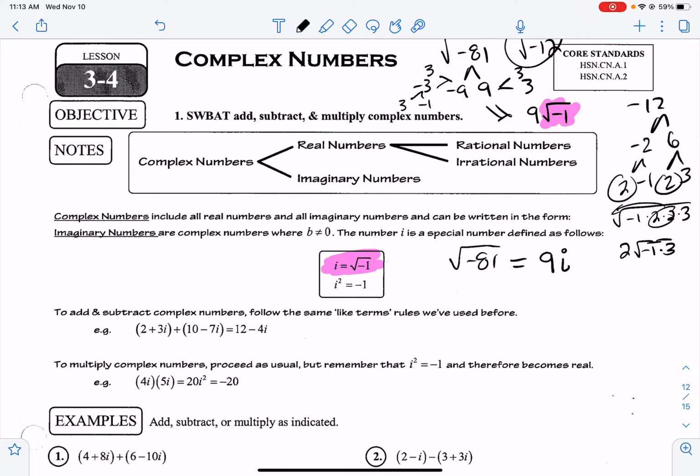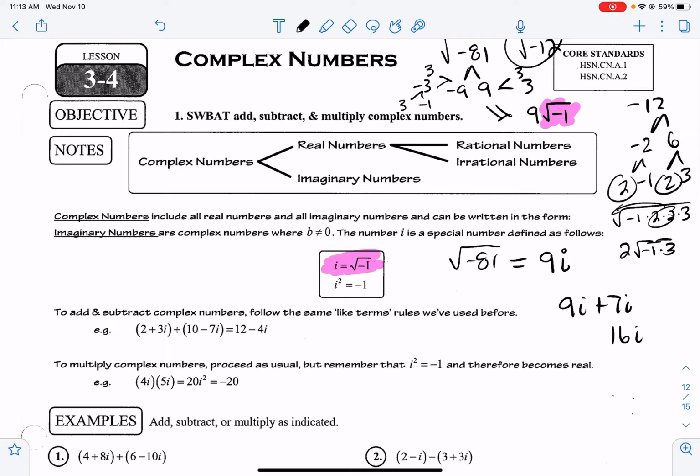And the cool thing about that is that variable, we do math with that variable the same way as any other variable. Like if I want to add 9i plus 7i, that's just 16i. We treat it like it's an x. But in this case, we actually know what x is.